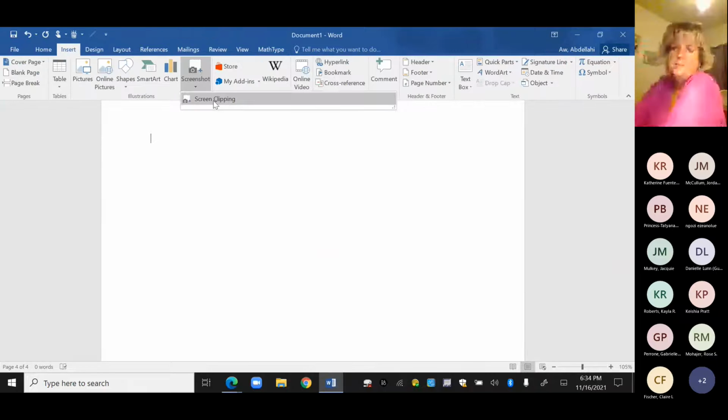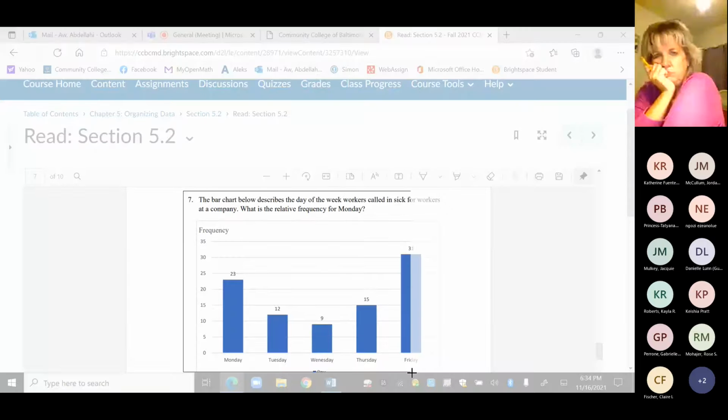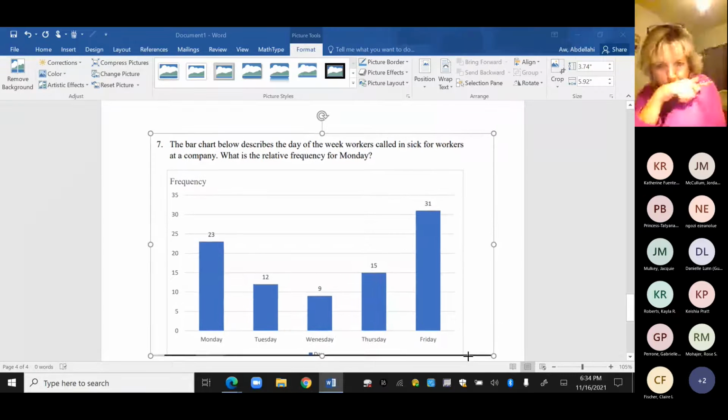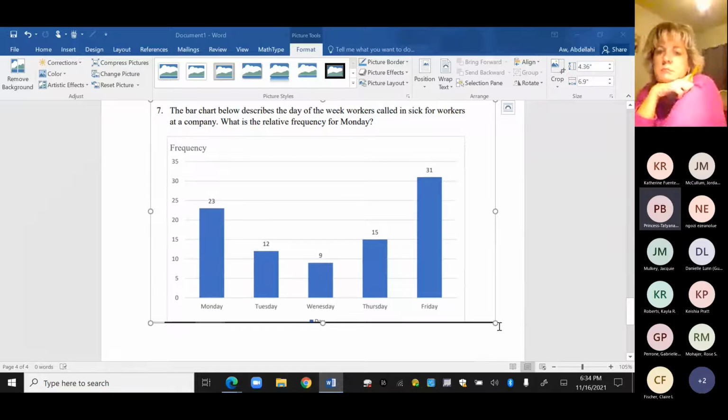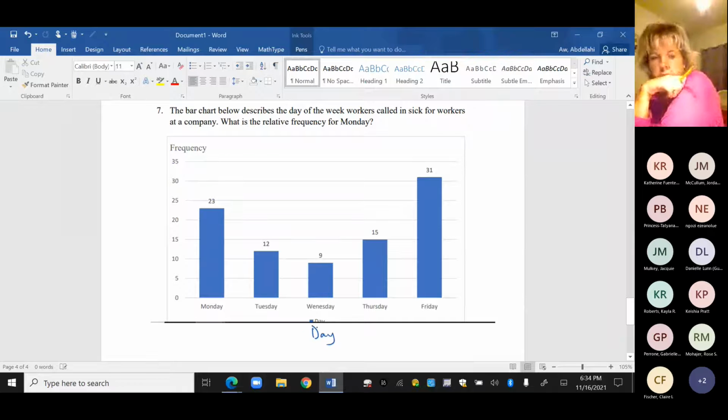Insert this right here. Okay, that's better. So here the horizontal axis represents the day, and the other one represents the frequency. So the bar chart below describes the day of the week workers called in sick for workers at a company, right? Friday is funny.